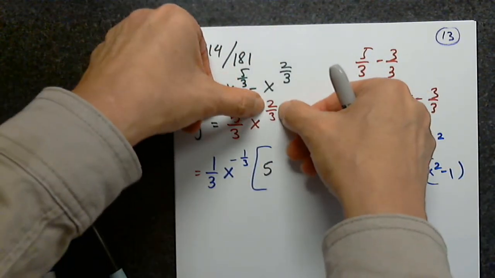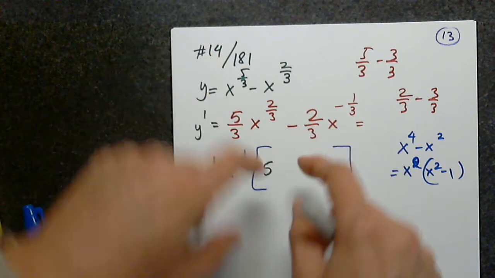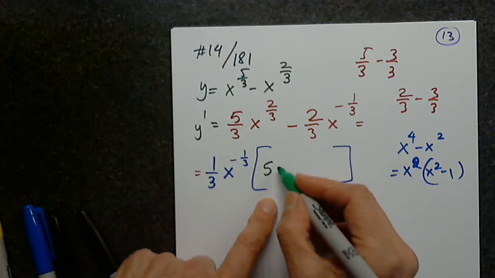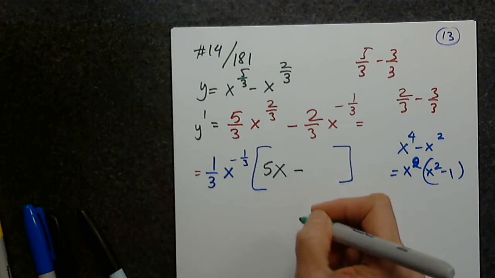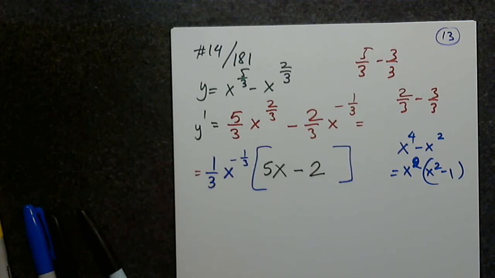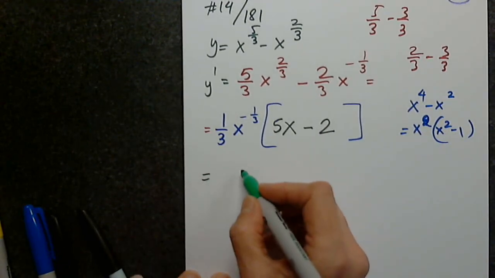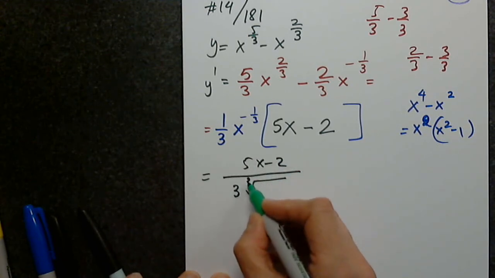So from the power 2/3, I subtract negative 1/3. What do I get? Indeed, not 1, but x to power 1. Good. And then minus? 2. Very good. So the simplified form is really 5x minus 2 over 3, the cube root of x.